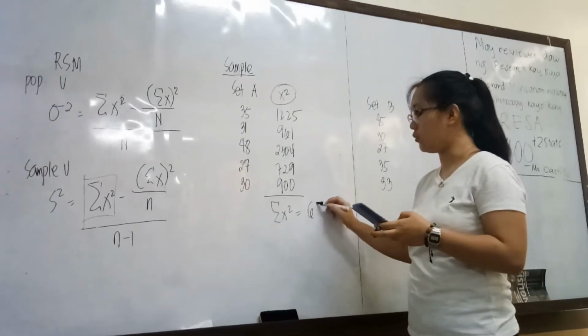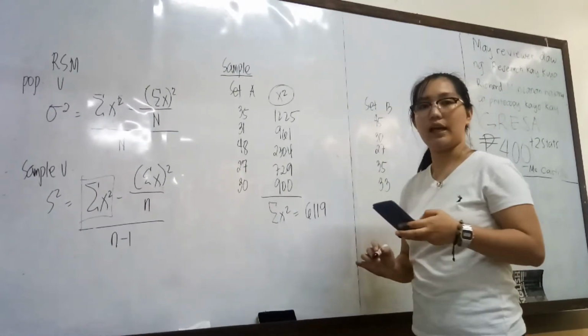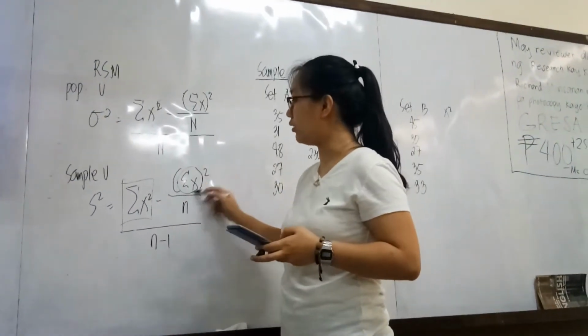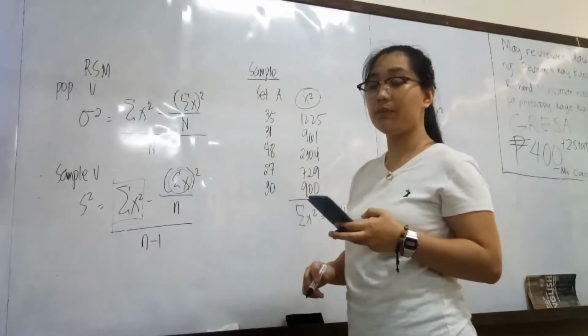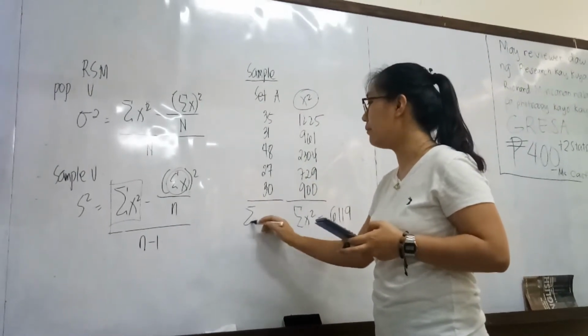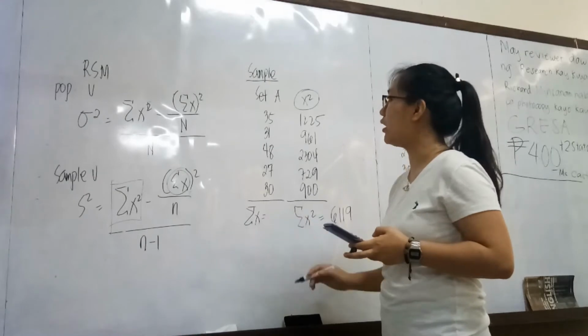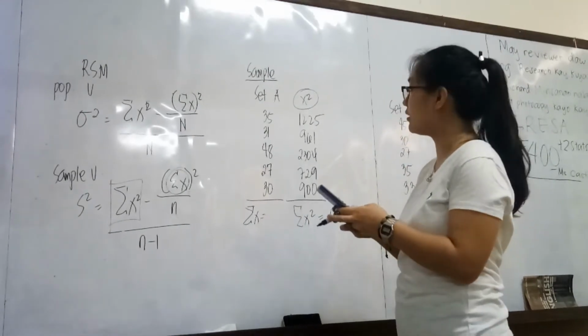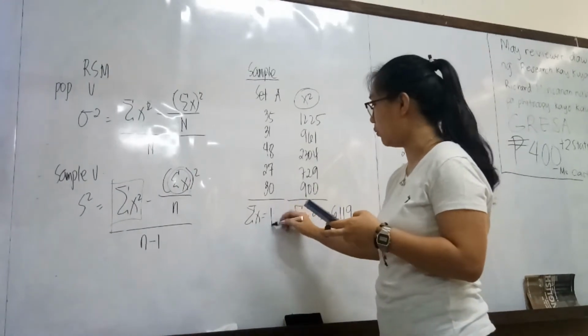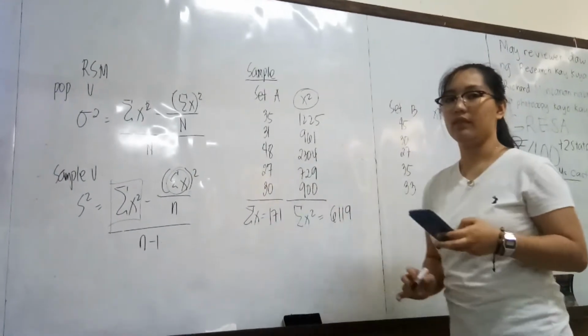So the answer here is 6119. Next, on your equation again, you will need your summation of x. How will you obtain that one? These are your x values. Just get the summation: 35 plus 31 plus 48 plus 27 plus 30. The answer is 171. Okay?